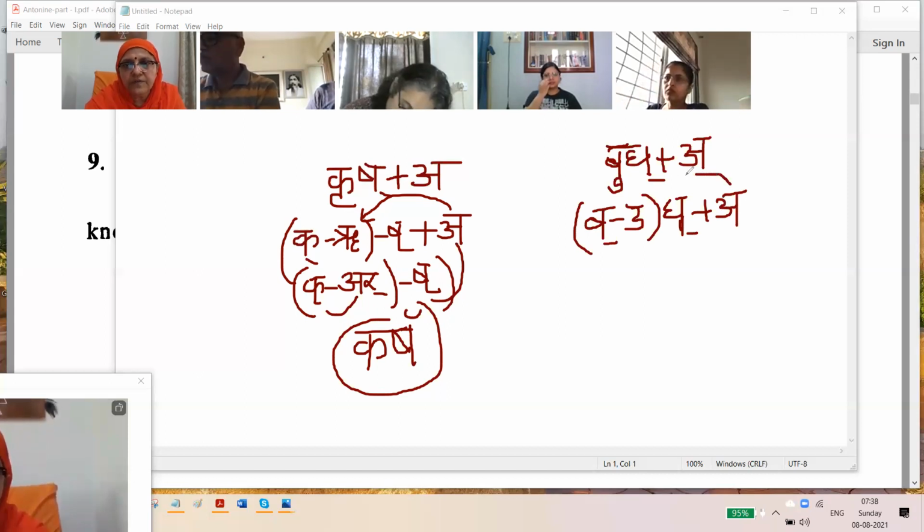This akara causes guna of u because there is no conjunct consonant between the short medial vowel and the akara. So u becomes o.